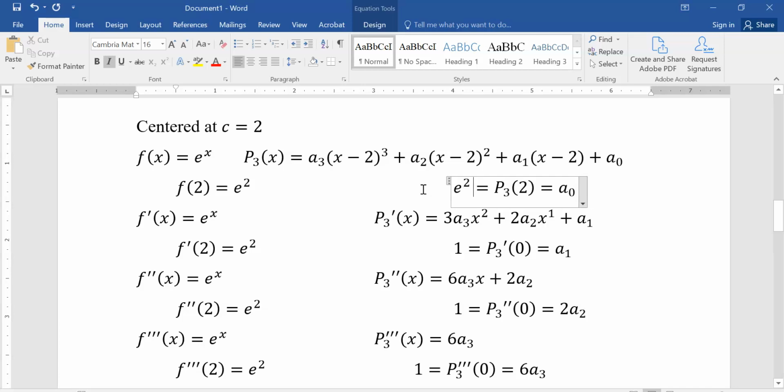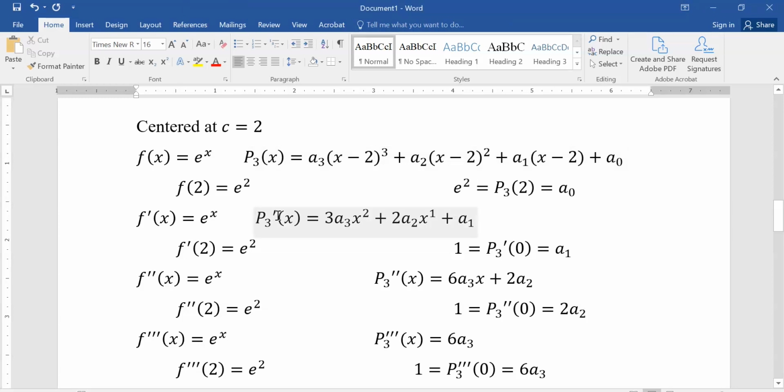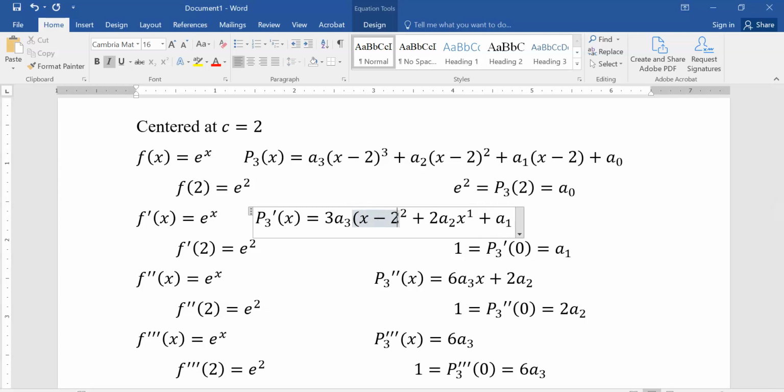Okay? Also, these aren't bad to take derivatives of. If you take a derivative of this polynomial of degree 3 centered at 2, the 3 comes out front, 3 times a3, and then the x minus 2 is going to be raised to the second power. Now, normally you have to multiply times the derivative of the inside function, but the derivative of the inside function is 1, so I don't need to multiply by anything. So you'll notice that the pattern here is every time you replace an x with an x minus 2, everything else kind of stays the same.